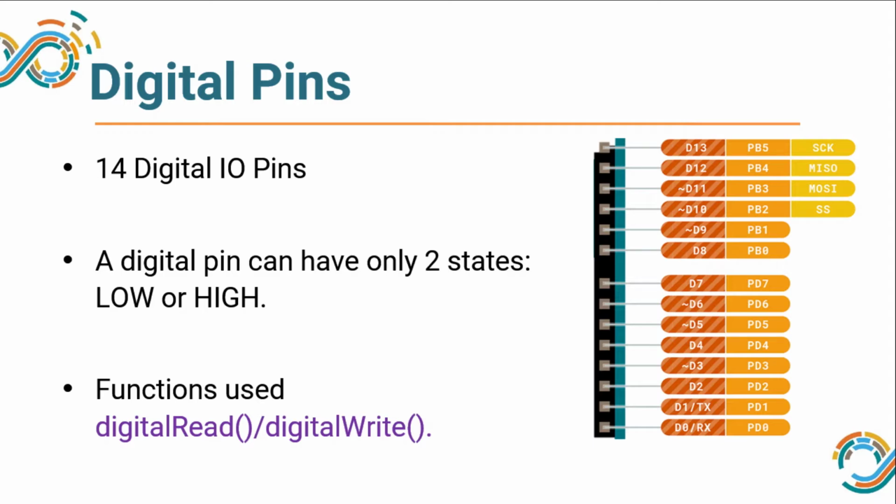We will talk about the programming part in detail, don't worry about these terms. The functions we are mentioning here are digital read and digital write. If you want to read something from these pins, that means the pin is acting as an input pin, we will use the digital read function. If we want to write something, that means the pin is acting as the output pin, we will use the digital write function.